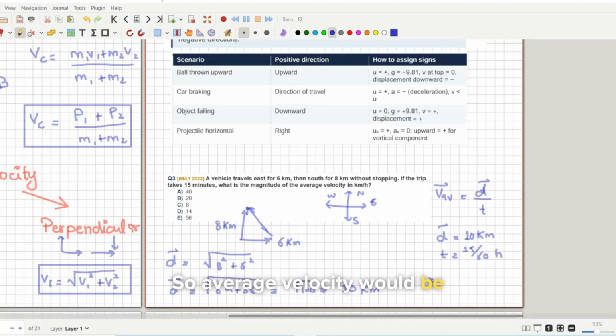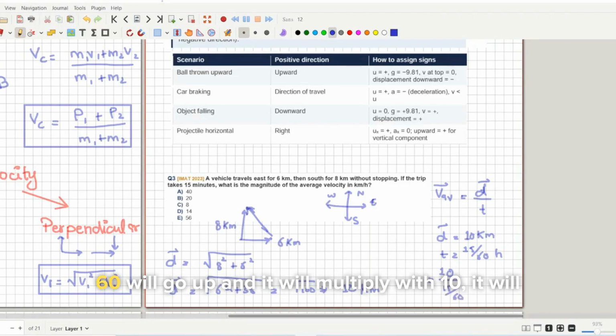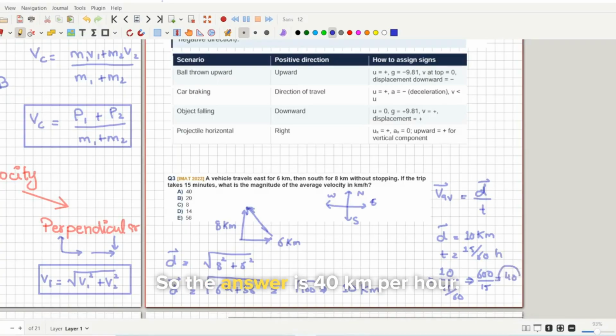So average velocity would be 10 divided by 15 divided by 60. The 60 will go up and multiply with 10, it will become 600 divided by 15, and if we solve it, you will get 40. So the answer is 40 kilometer per hour.